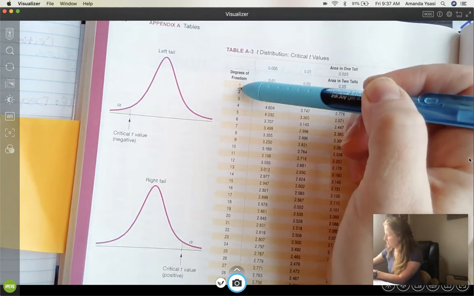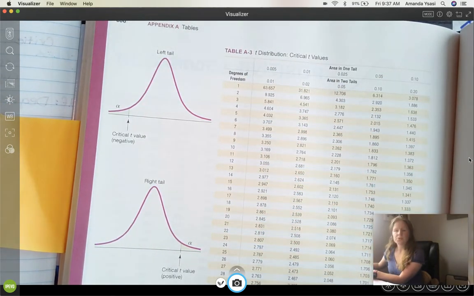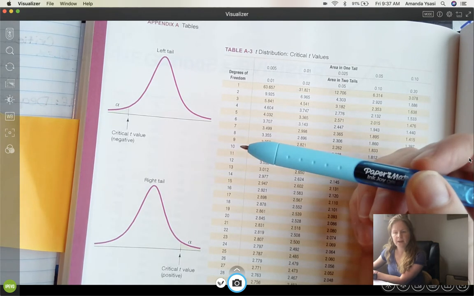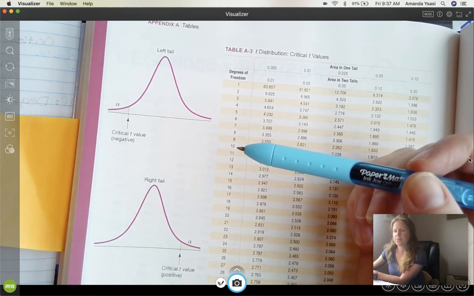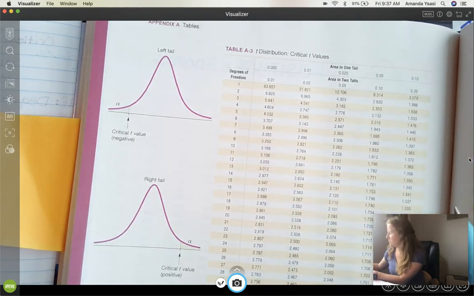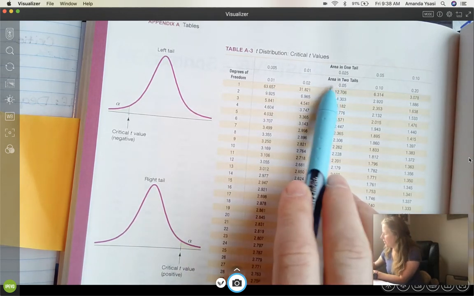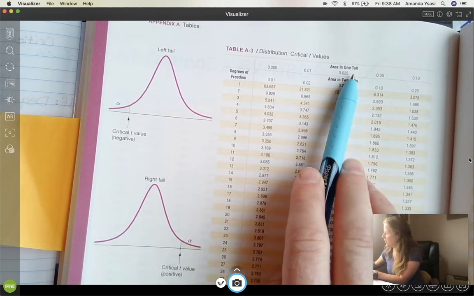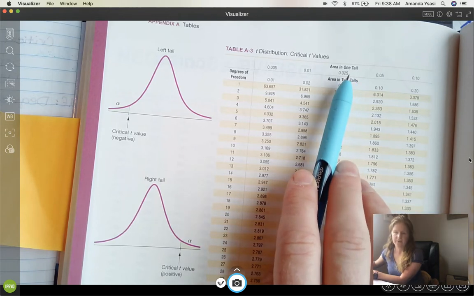See how this has degrees of freedom? Remember, degrees of freedom come from your sample size minus 1. And then your area in 2 tails, your area in 1 tail, those are your alpha values.